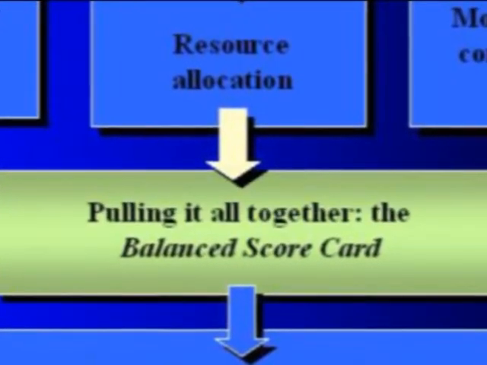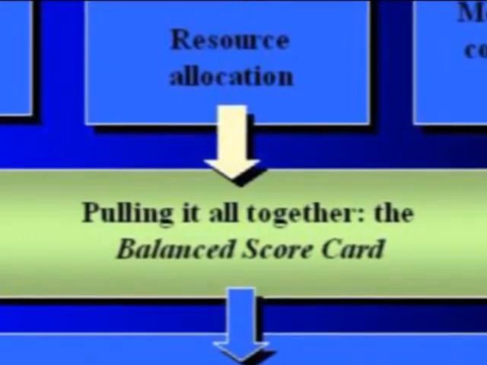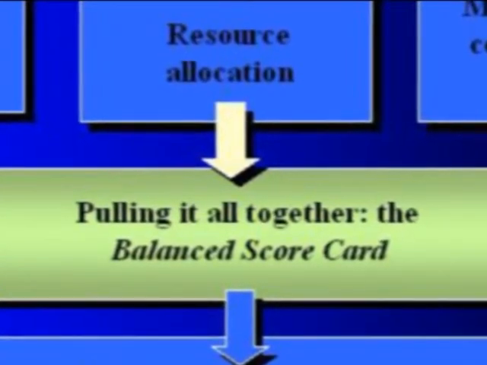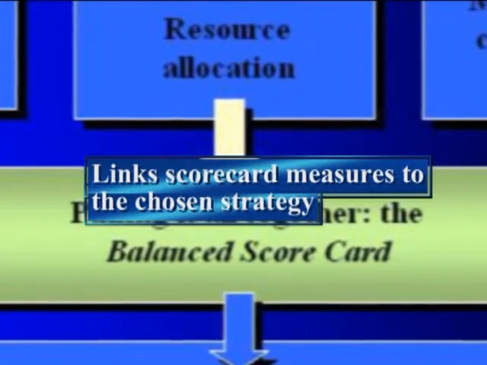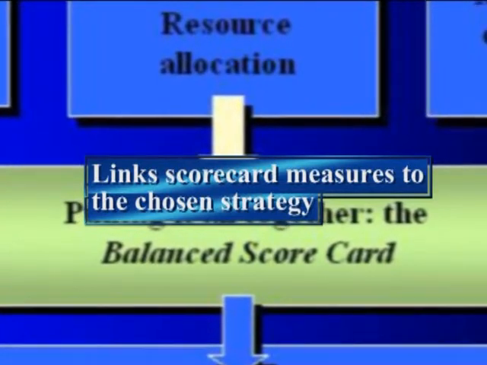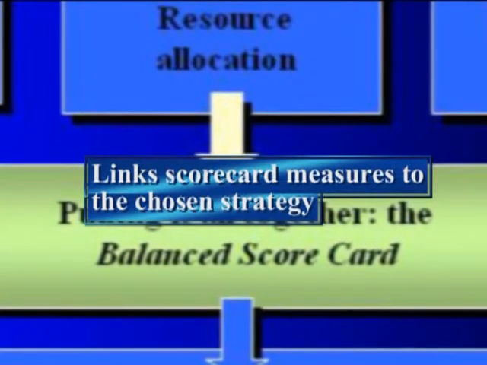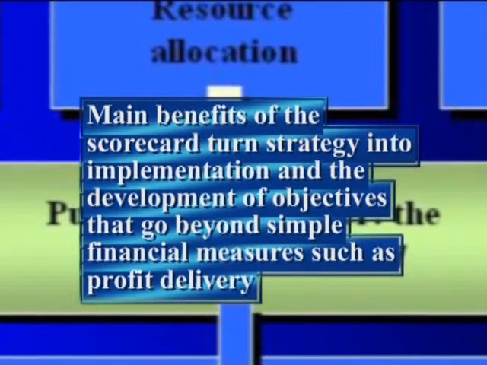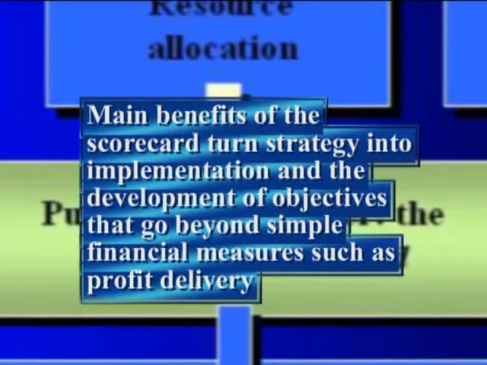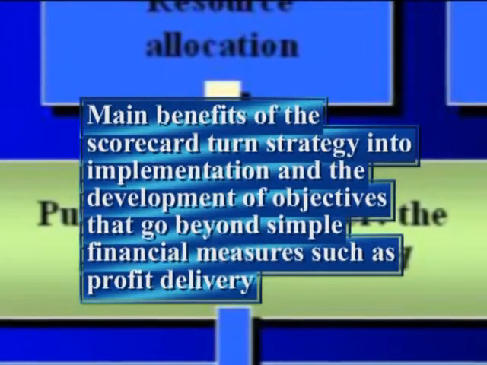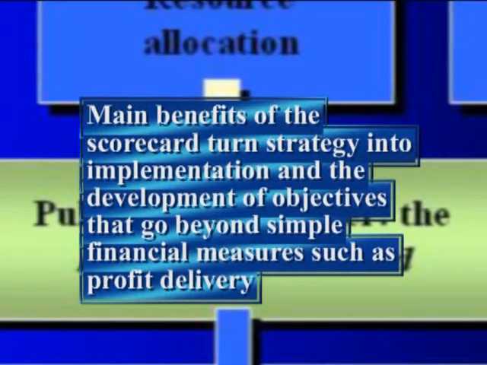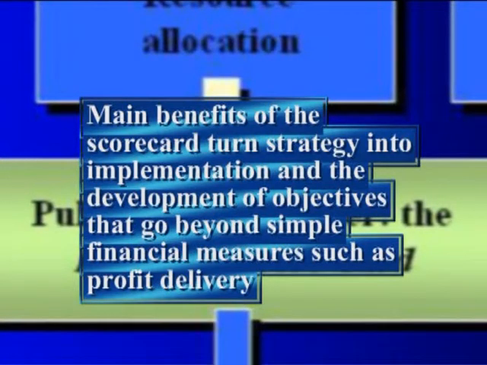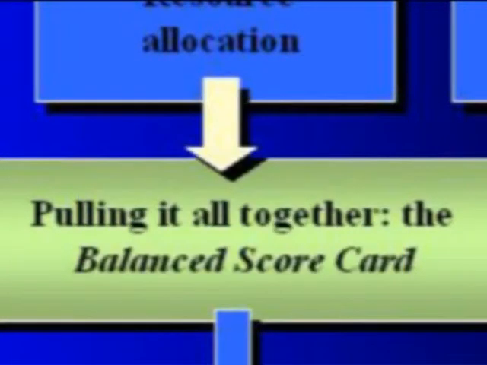It acknowledges the different expectations of the various stakeholders, and it attempts to link scorecard performance measures to the chosen strategy. The main benefits of the scorecard lie in its focus on turning strategy into implementation and the development of objectives that go beyond simple financial measures.